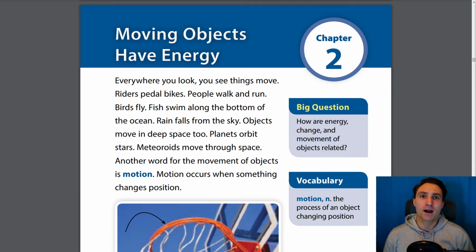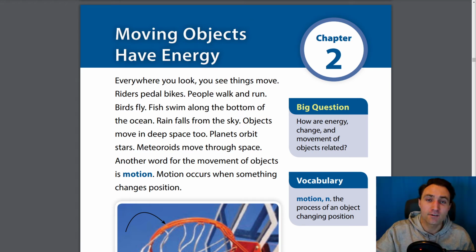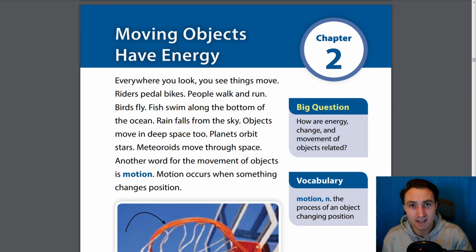We also talked about how, for example, holding up something above our head or away from the ground, and if we drop it, the energy is released and it falls down, and then the cap hitting my table and making that sound was energy also being released. So now let's talk about moving objects and how they have energy.